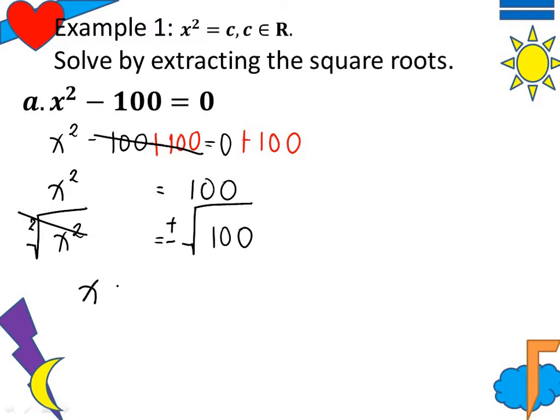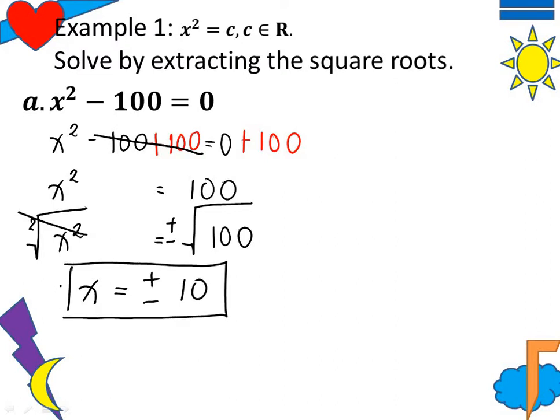So the x is equal to positive, negative. What is the square root of 100? Think of the same number na kapag multiply mo, the answer is 100. So that is 10. Therefore, the value of x is equal to positive, negative 10. In solution set, that is positive, negative 10.